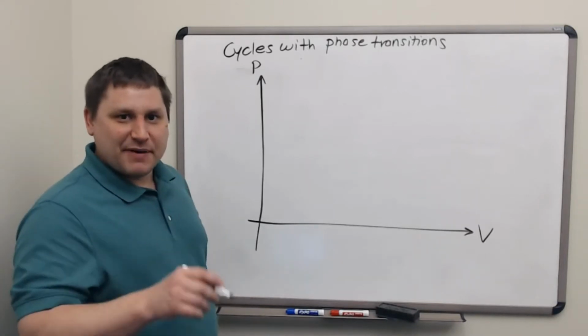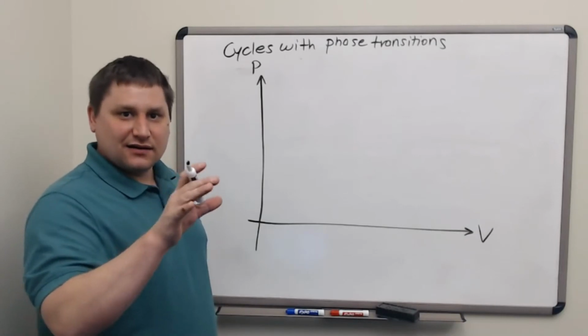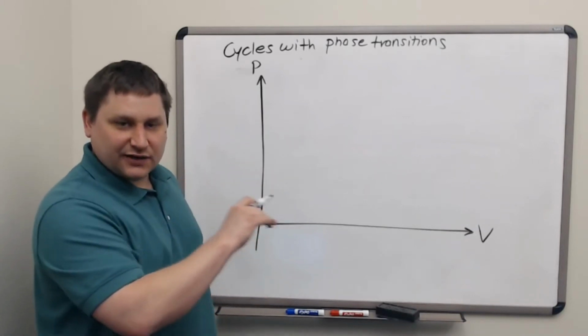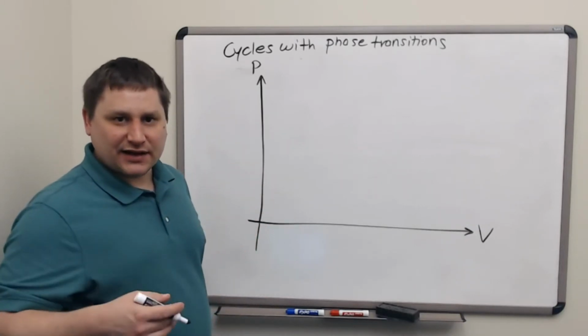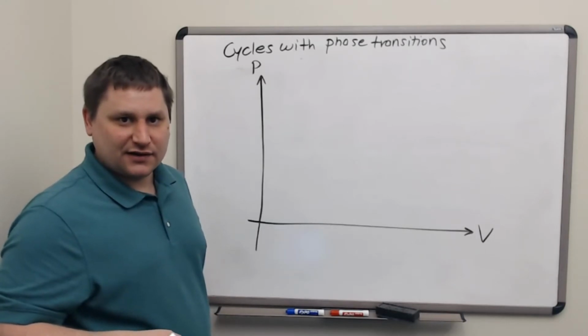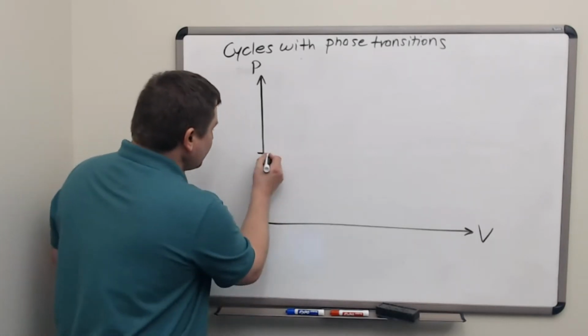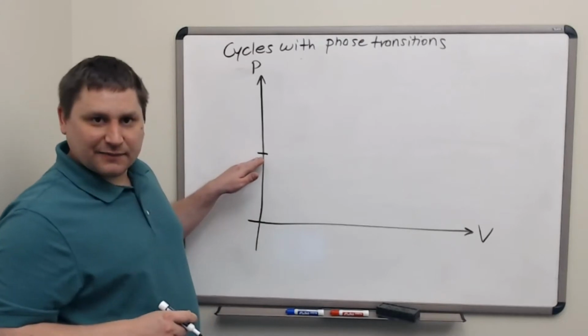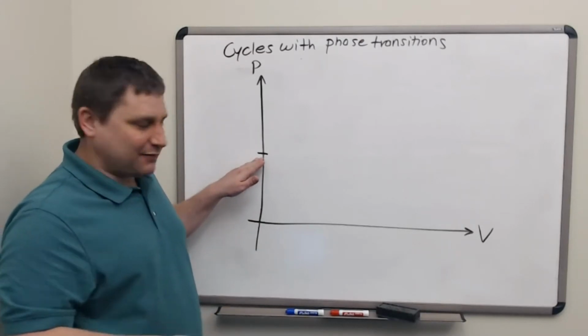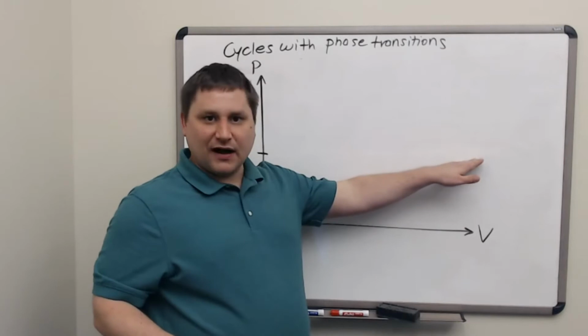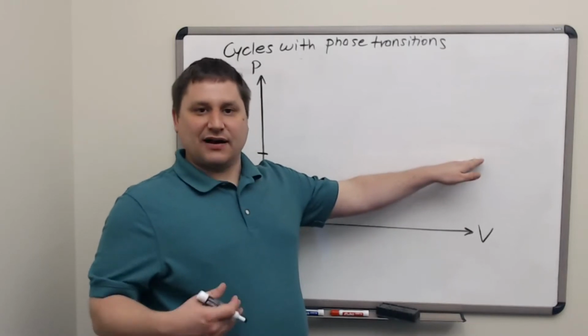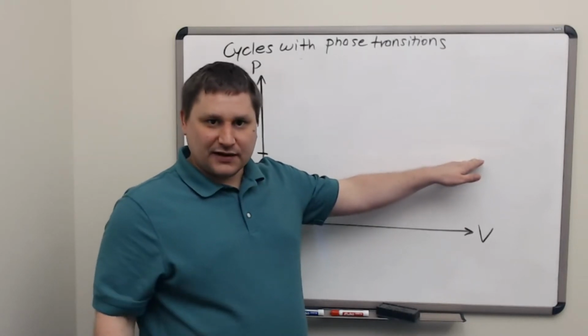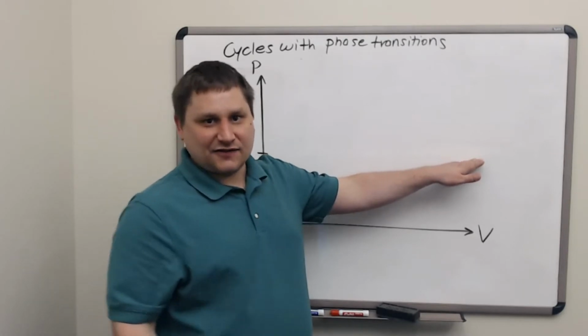Let's consider a basic gas to liquid phase transition, like we might have covered in the calorimetry section of the course. If we keep our system at a constant pressure, for example, and start at a very high volume, in order to have a constant pressure and a high volume, the substance is going to be in a gas phase.